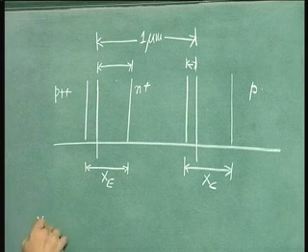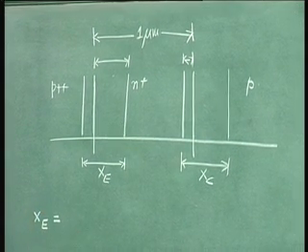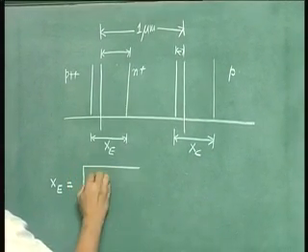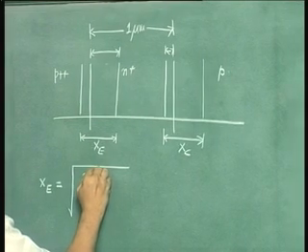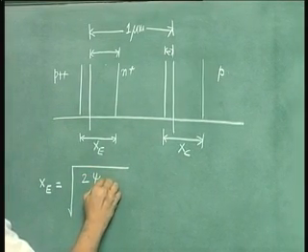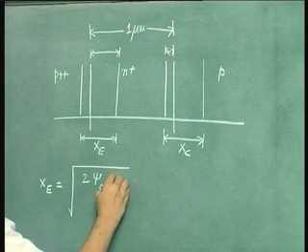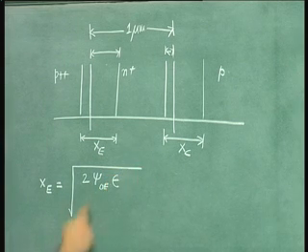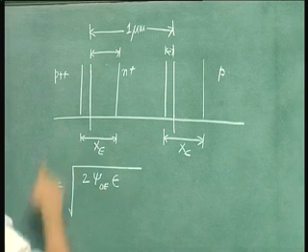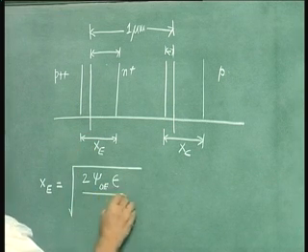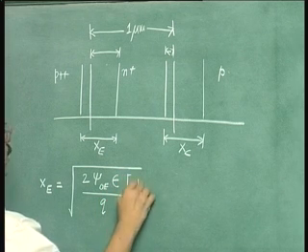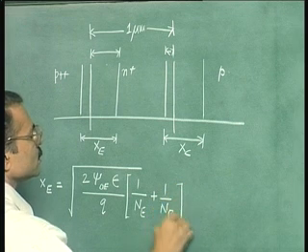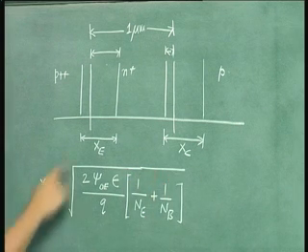Now XE is equal to square root of 2 psi naught of the emitter junction, psi naught E, into epsilon, which is the permittivity into the dielectric constant of this region, divided by Q into 1 by doping in the emitter plus 1 by doping in the base. So this is XE.